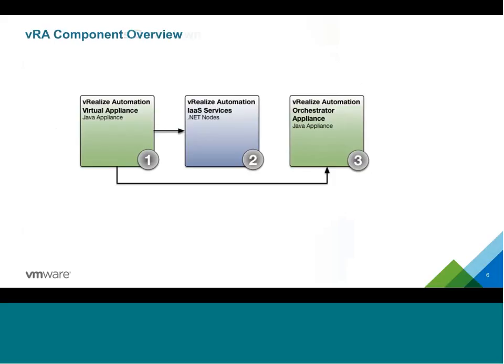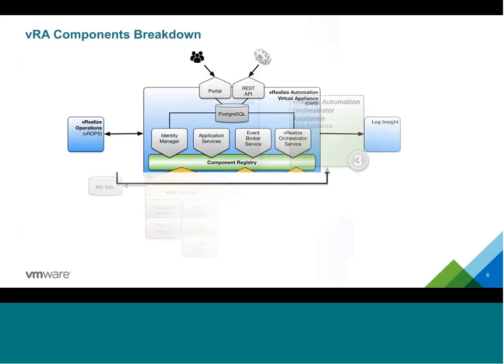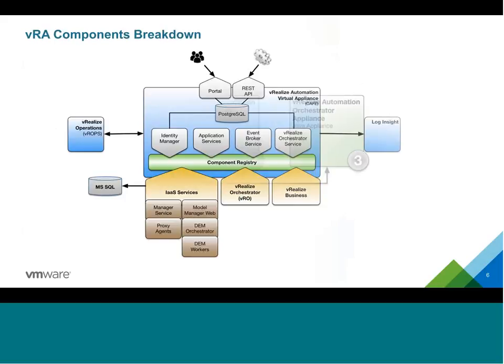Now, if we break down the different components, we see the Cafe appliance, or vRealize Automation Virtual Appliance. It has certain components like Identity Manager, Application Services, Event Broker Service, vRealize Orchestrator Service, and then Component Registry, which is, I would say, the mother of all the services.